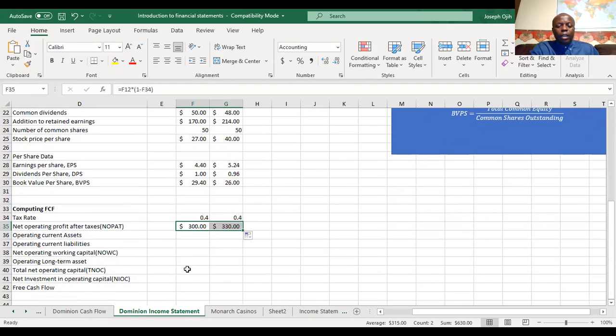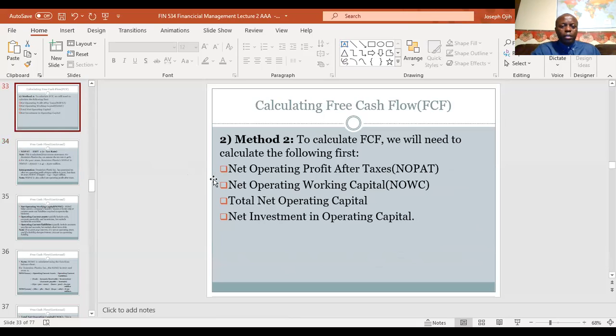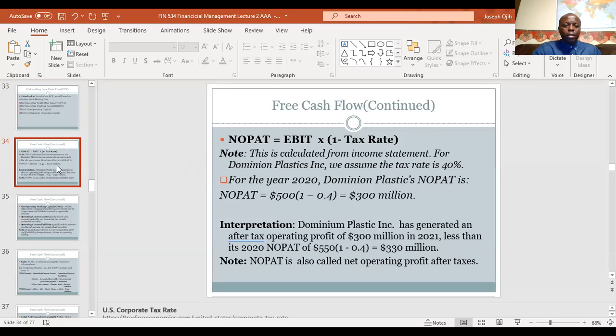Now, the next variable we need to calculate is the net operating working capital.